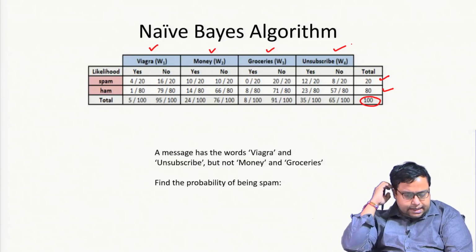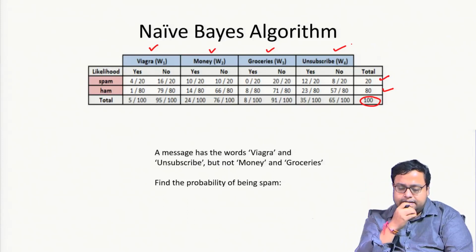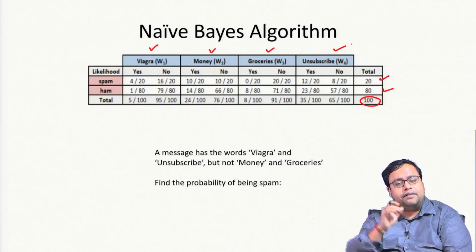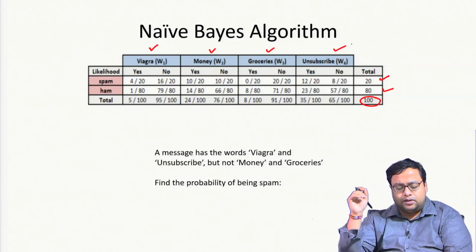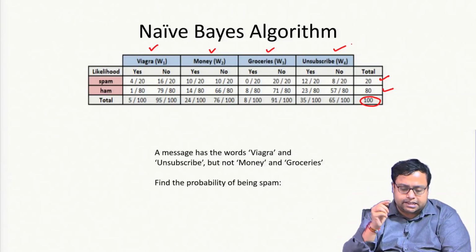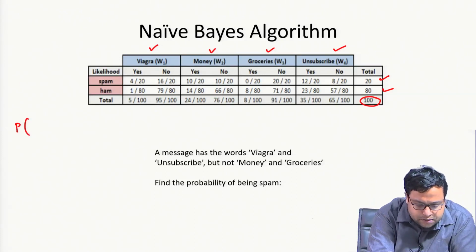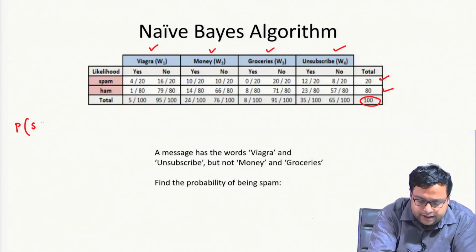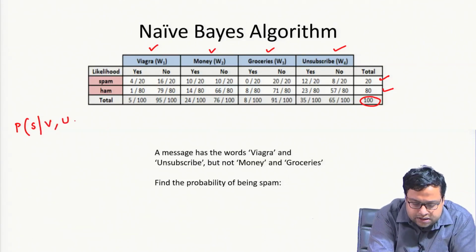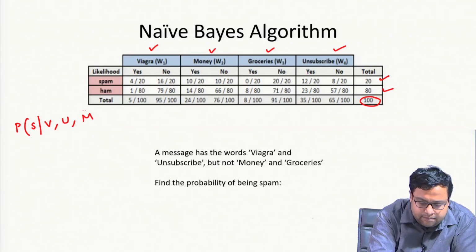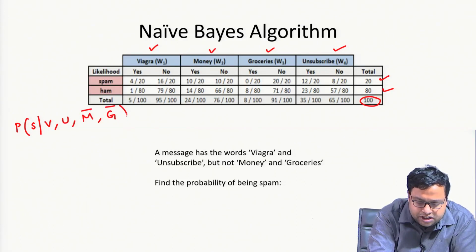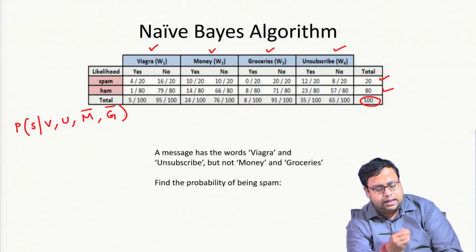Now, the question is that a message has the words Viagra and unsubscribe, but does not have the words money and groceries. What is the probability of it being spam? Let us write it in a mathematical way. I am writing the probability of spam given that V and U, these 2 words, are there, and M dash and G dash, that means M and G, these 2 words, are not there.